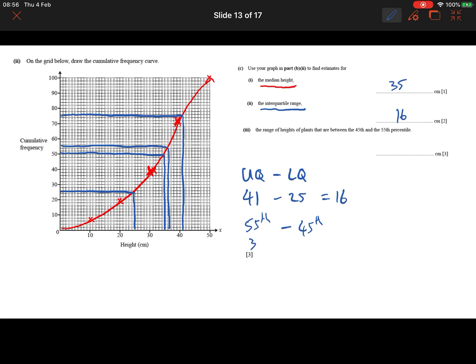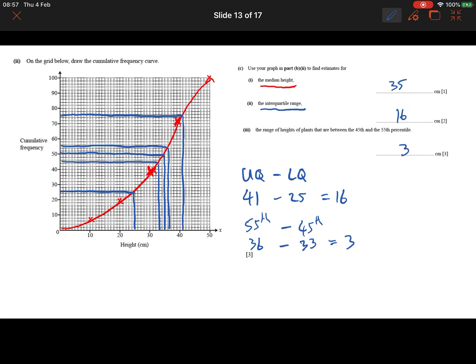Go with 36. Minus the 45th percentile. So 45% of 100 is 45. And read off that value. I think that's 33. And so the 55th to 45th percentile range is 36 minus 33, which is equal to 3. Okay?